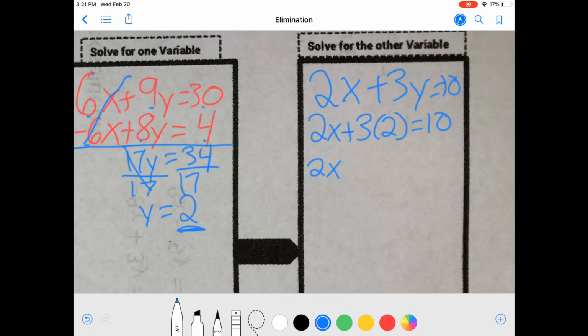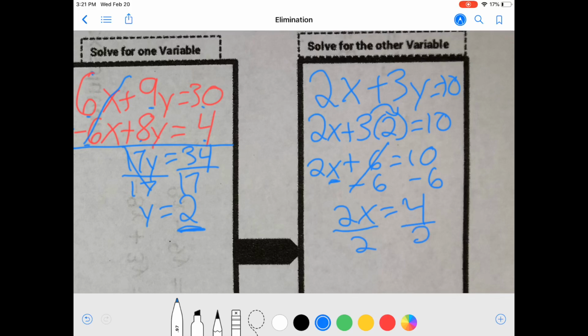Got 2x still because I didn't do anything to it. 3 times 2 gives me 6 equals 10. I want x by itself, so I'm going to subtract 6. Subtract 6. 2x equals 4. X is still not by itself, so I'm going to divide.